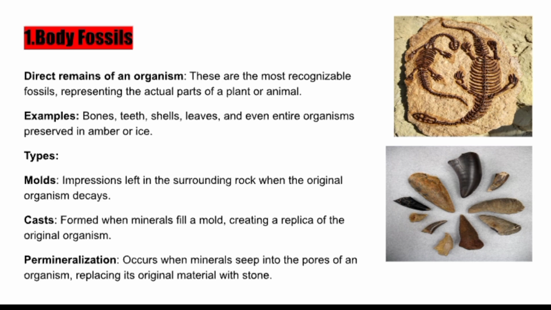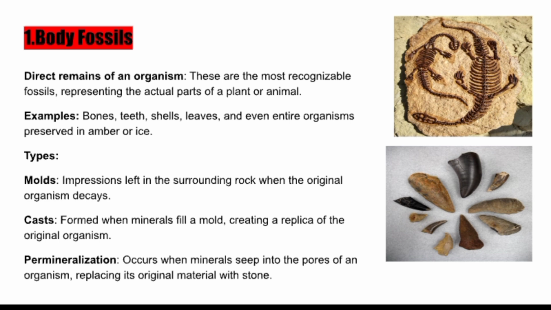organism's body. So there are some examples of body fossils: bones, teeth, shells, leaves, and even an entire organism preserved in amber or ice. So the body fossils look like this.